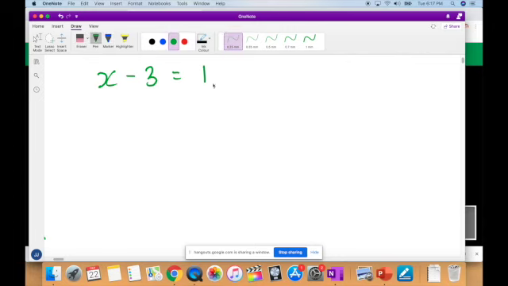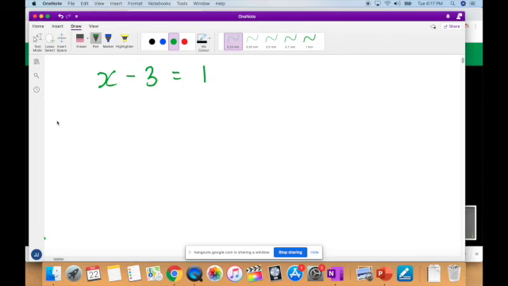Probably, but the thing is, I already have a minus 3. If I minus 3 from both sides, x minus 3 minus 3 will give me x minus 6. So minusing 3 is not the answer here. What do I have to do to both sides of the equation? Caitlin, you have to add 3.